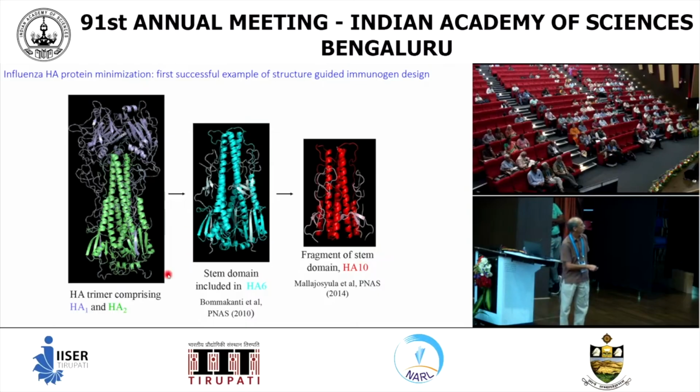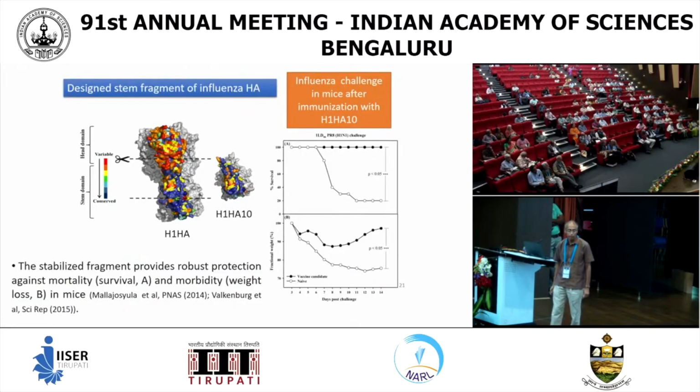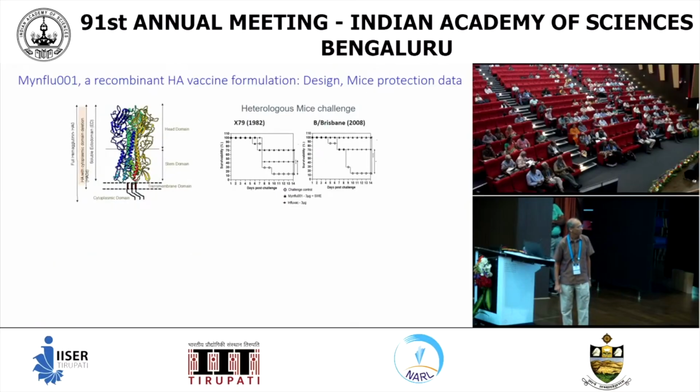So we figured out how to make just this lower part by itself, and we showed that when it was given as a vaccine, you can see this is in blue, residues are more conserved, red residues are less conserved. You can see this is a more conserved region of the viral surface protein. And we showed that when we used it in a vaccine, we could protect from challenge from very diverse strains of the virus. So we've continued working towards making better flu vaccines.